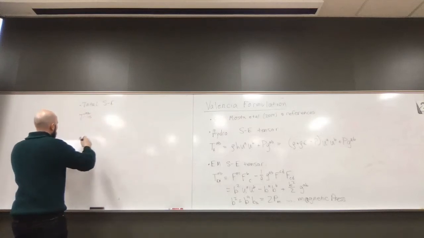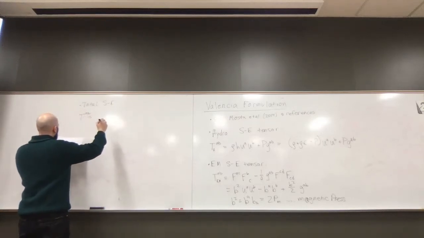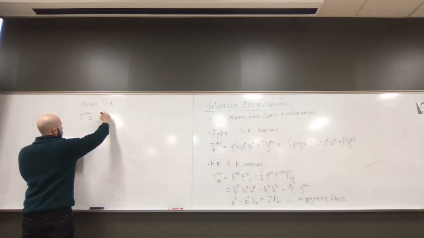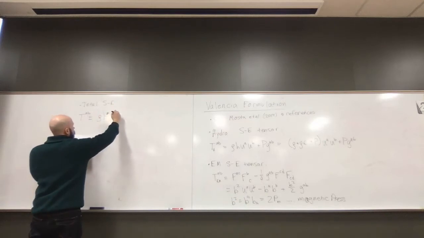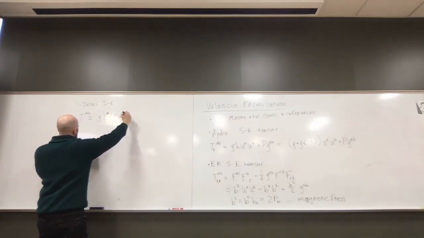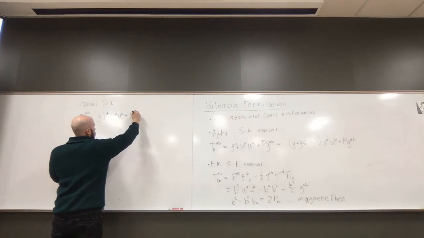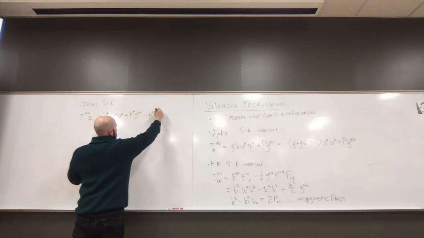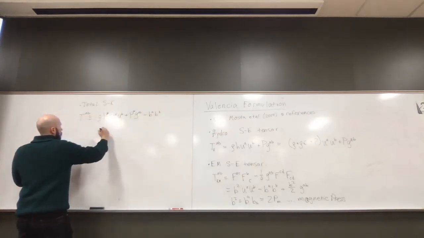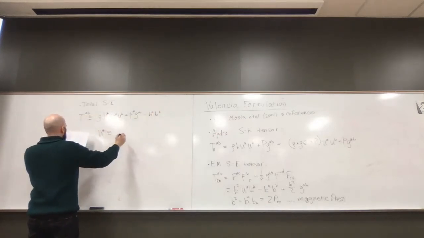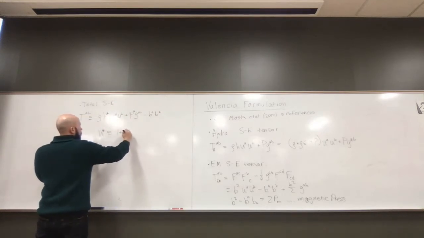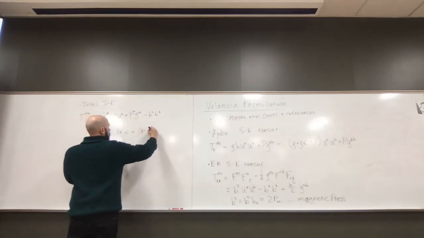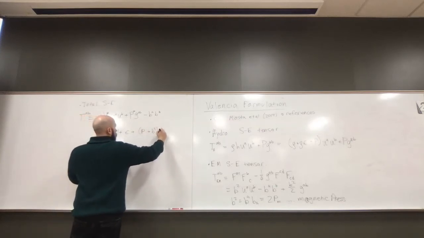I'm going to use my definition of the pressure there, and I'm going to rewrite this as the following: rho times H star U^A U^B plus P star g^AB minus B^A B^B, where H star is defined as 1 plus epsilon plus P plus B squared over rho.